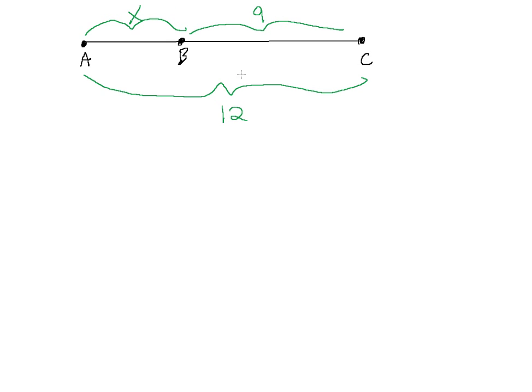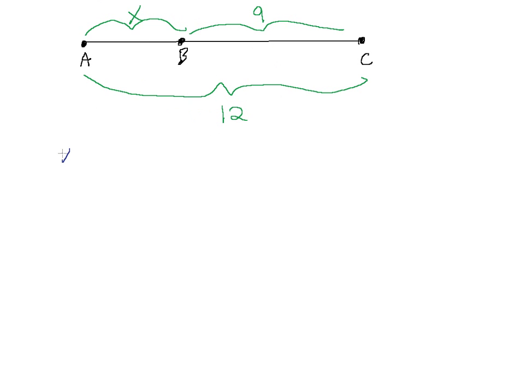We're not told the units here, so we won't bother with those. This time we're given the total distance, and we're given the distance of one of the segments. So we want to find the unknown. We can use the segment addition postulate just the same as we have been, though we're just going to have to solve for an unknown, which we should be very familiar with by now.